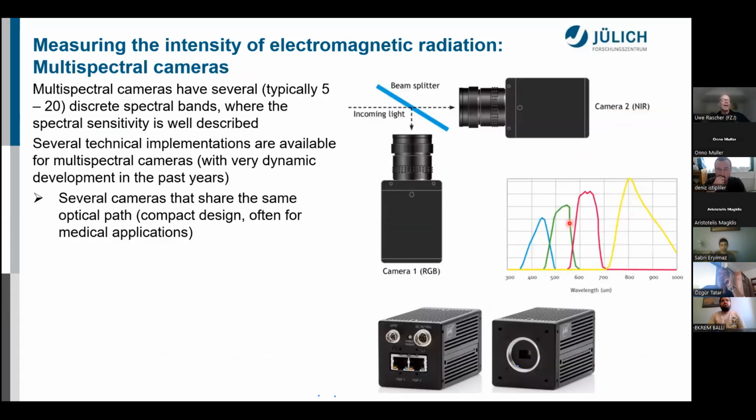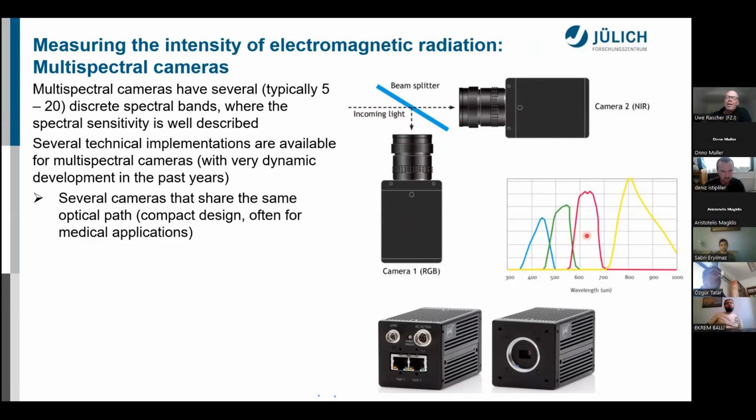And one logical development of some camera manufacturers was to combine these 2 cameras, an RGB camera with a near-infrared camera in one housing. And it's really as simple as it's schematically shown here. You have the incoming light, the light beam is split, the visible spectrum is fed into the RGB camera, and the near-infrared spectrum goes to the near-infrared camera.